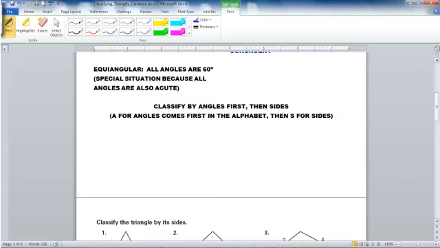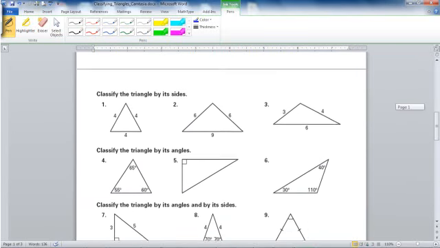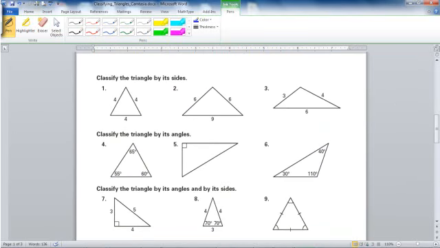in there. So we're going to look at some triangles here first, and it's going to say classify the triangle by its sides. So I see on this one all three sides are congruent. Side lengths are 4. Even if you want to, you can help yourself mark them congruent. We know that that is equilateral.